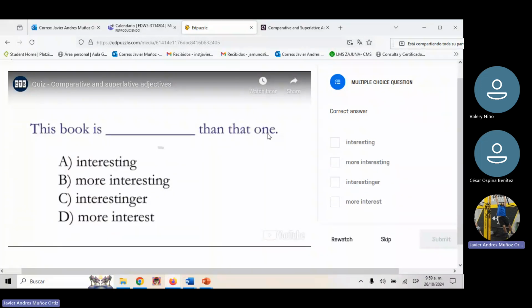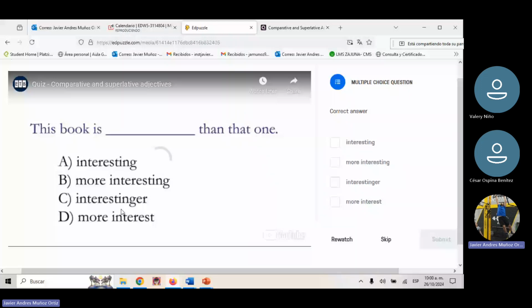If we are using a comparative adjective, we must know that a comparative adjective must end with er or needs the word more, but not both at the same time. So, this book is interesting than that one. It would be correct if we didn't have any more context.